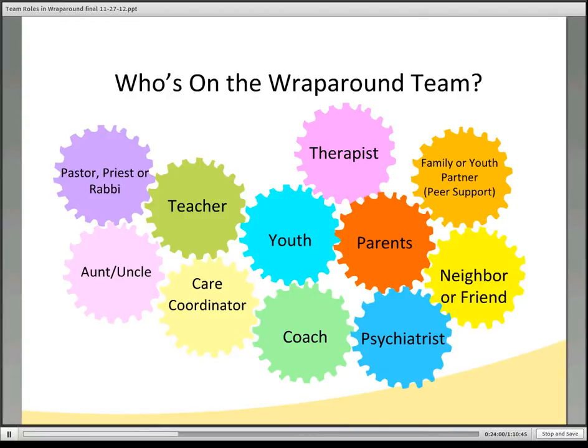And I know some of you may be looking at this and thinking, oh, the psychiatrist is never going to come. But you have to think about how you can incorporate the psychiatrist's input, and how you give feedback back as part of this team process, even though they may not physically be there. And again, this is just an example of what a team could look like in the process.